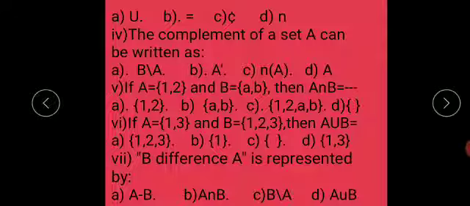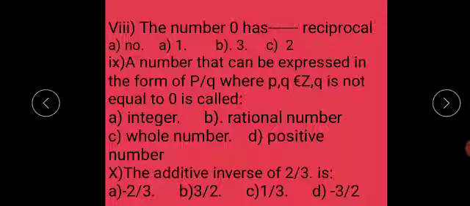Seventh part is B difference A is represented by A minus B, A intersection B, B slash A, or union B. Eighth part is the number 0 has dash reciprocal. First option is no, second is A, third is 3 and fourth is 2.